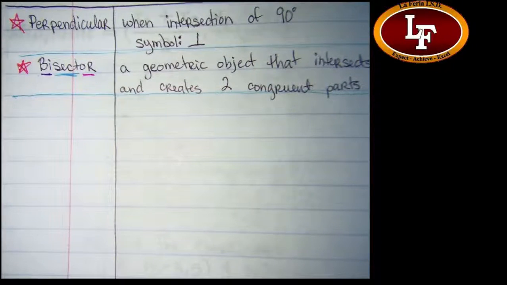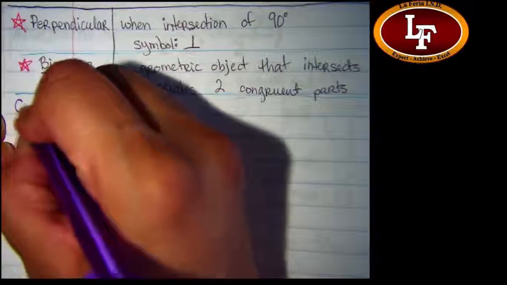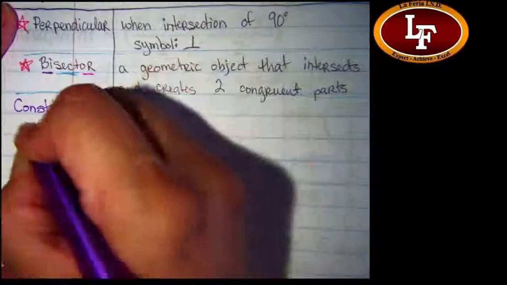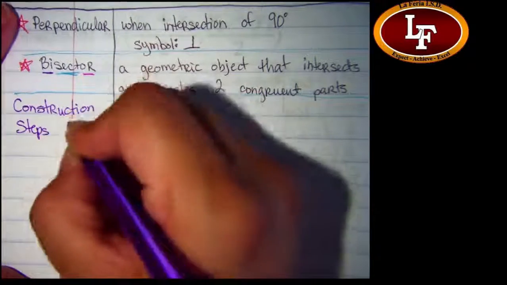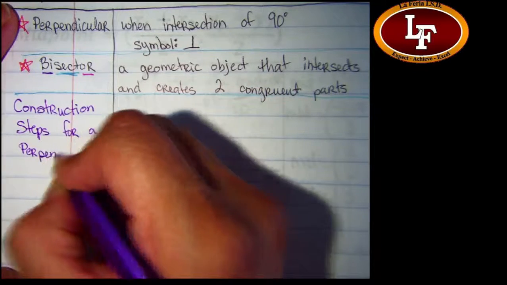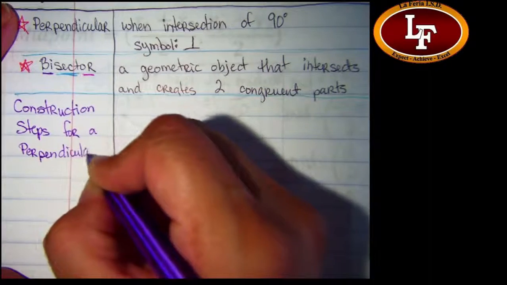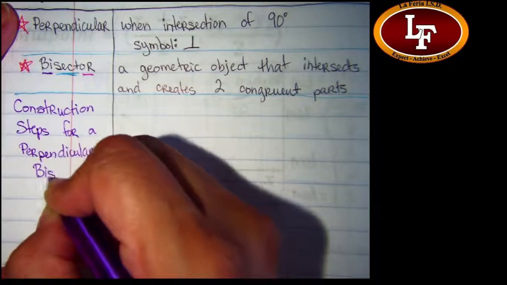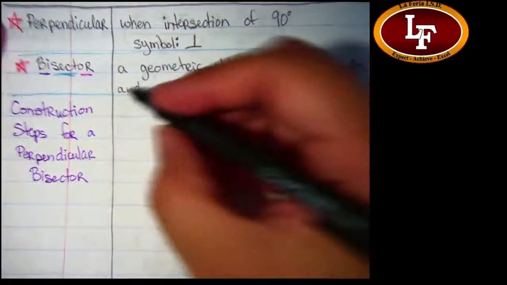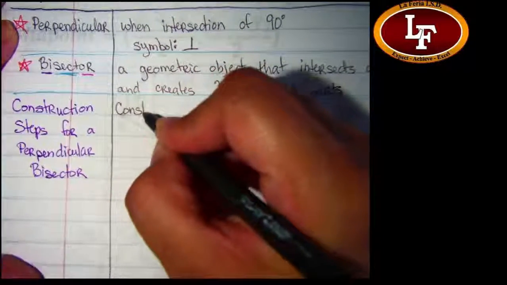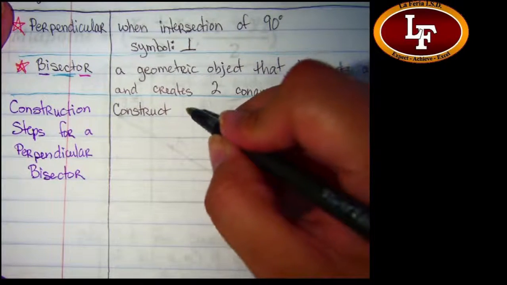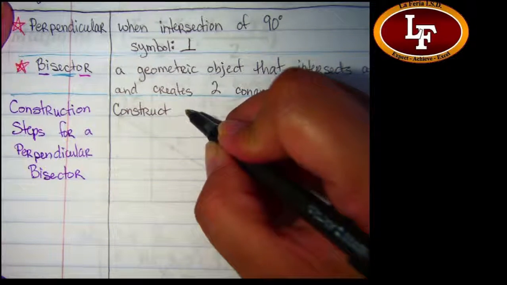We're going to title this next section of our notes, Construction Steps for a Perpendicular Bisector. These are the construction steps that are going to be the most useful to you in classwork, practice homework, quizzes and tests.